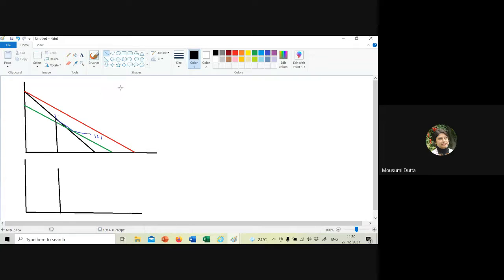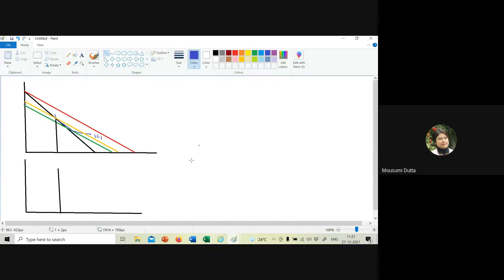This is IC1. And I'm dropping a perpendicular from this point. This is indicating the original consumption of X1. Now I'll draw another budget line which will pass through this point. So let me draw another IC.